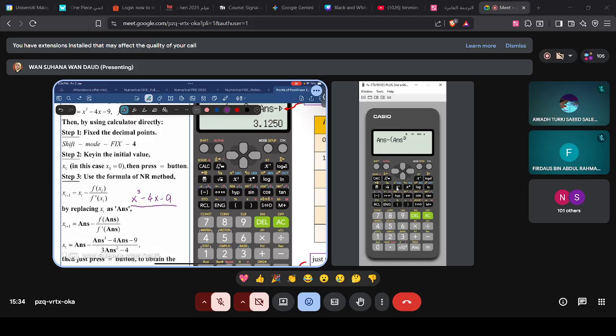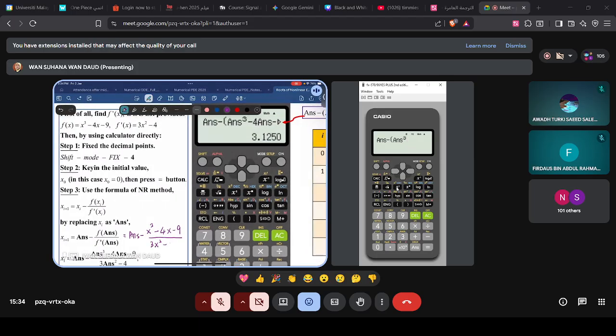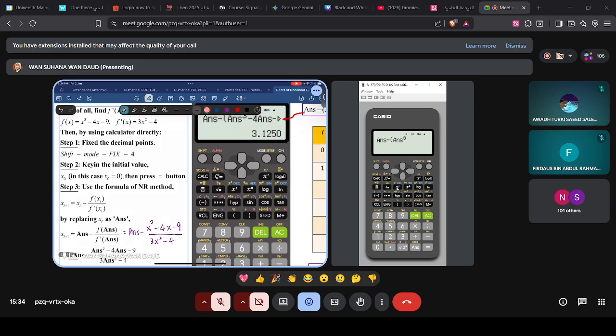Let me write here again, sorry. So ans minus, the f(x) is x cubed minus 4x minus 9 over the f prime, which is 3x squared minus 4. But now the x will be replaced by ans.